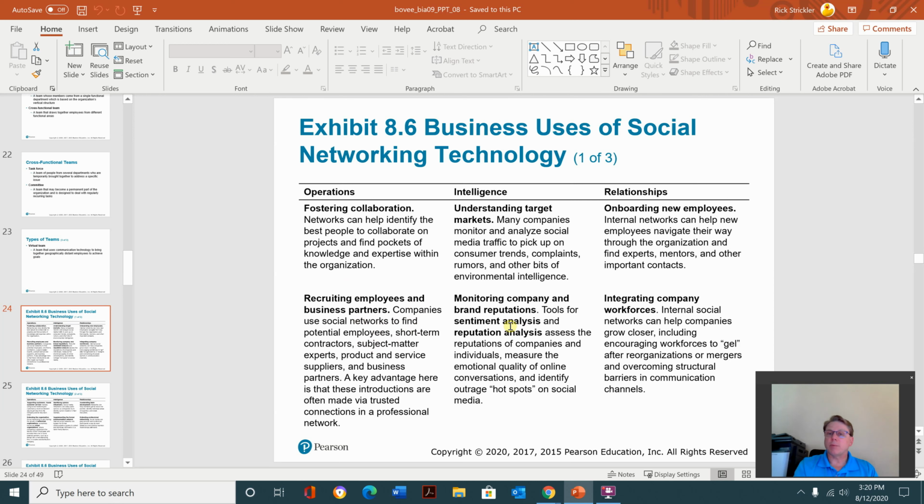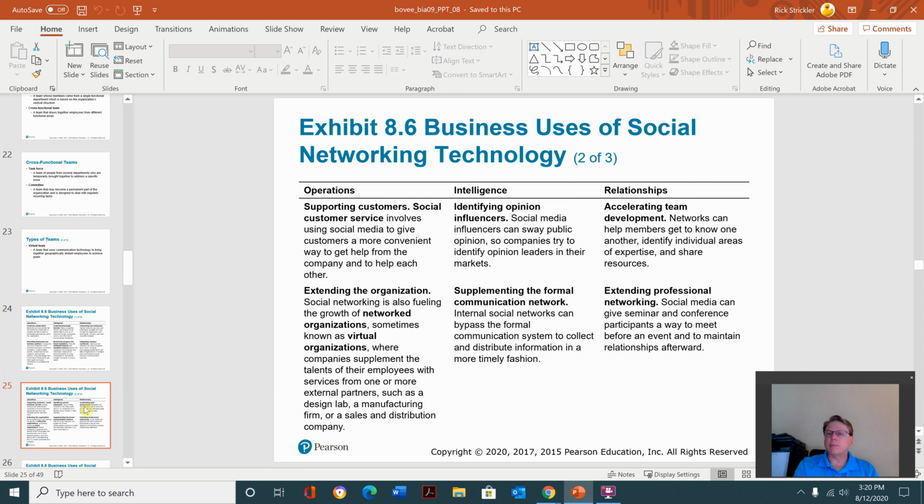Monitoring company and brand reputation, onboarding new employees, and integrating the company workforce. Onboarding new employees is getting new employees oriented to the company and doing all the hiring paperwork, as well as letting them know everything about the organization, or even just about the physical location of things. Where's the break room? Where are the bathrooms? Where do you report? Where do you clock in, if you clock in? Those types of things.